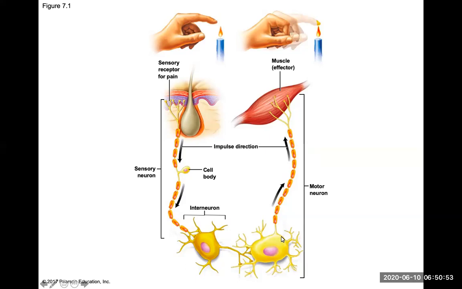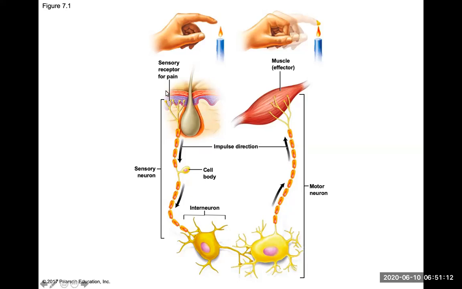And the motor neuron will then send out the response to usually a muscle. So this example is a common pain reflex response where if you touch something that's hot, the motor neuron will tell your muscle or your finger to pull away and back away from it.